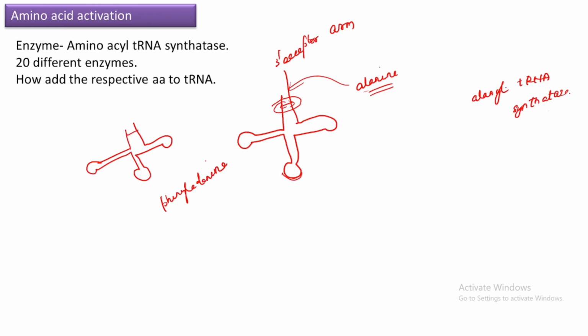Then the alanyl tRNA synthetase adds this alanine to the acceptor arm of this tRNA. So the primary determinant is what? A specific, particular base pair present in the acceptor arm of the tRNA helps the aminoacyl tRNA synthetase to add its corresponding specific amino acid.